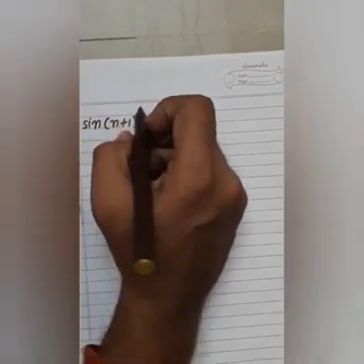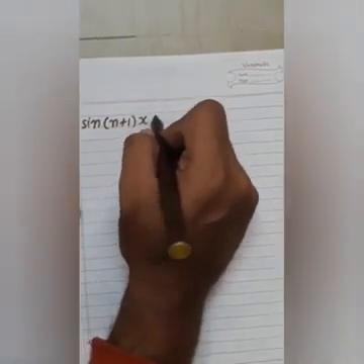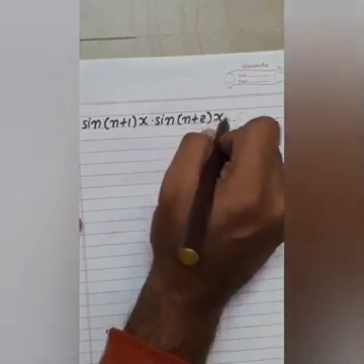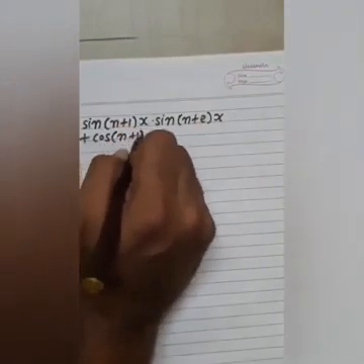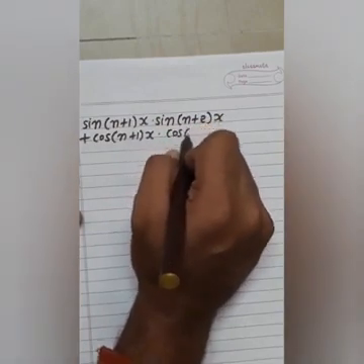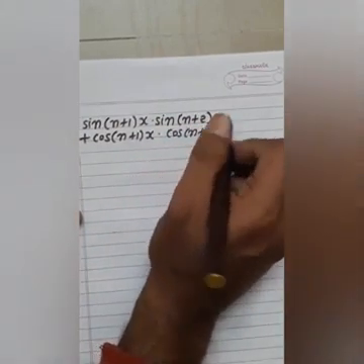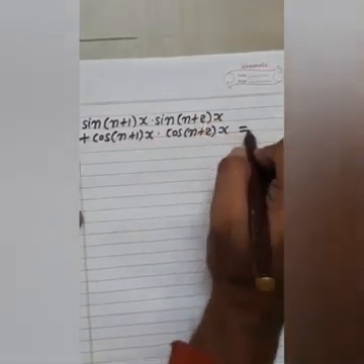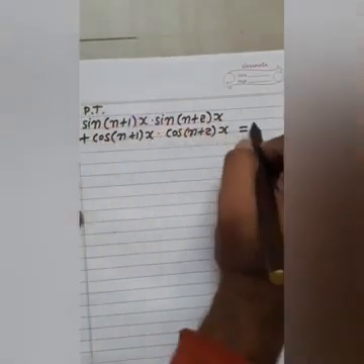Next question. Prove that sine of (n plus 1) x into sine of (n plus 2) x plus cos of (n plus 1) x into cos of (n plus 2) x is equal to cos x.